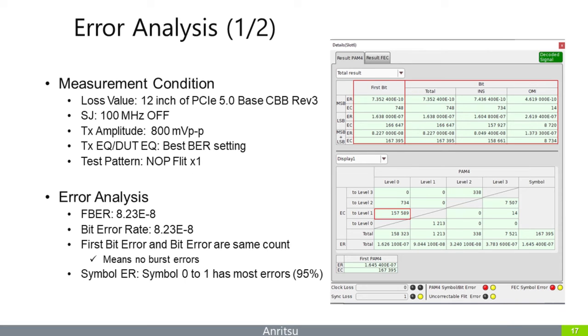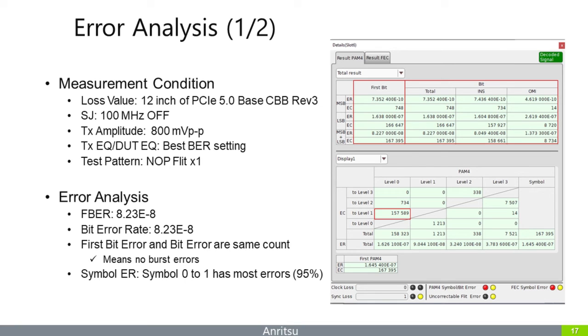So that means FBER and raw BER are exactly the same, which means no burst error happened, mainly because this is a DFE with only one tap, and the CDR is kind of passive, so no burst error happened. The errors are all random errors and some are pattern-dependent errors, but not created by the DFE.